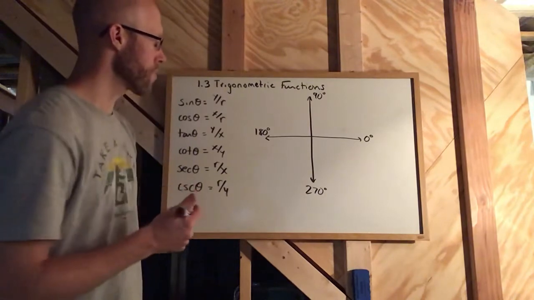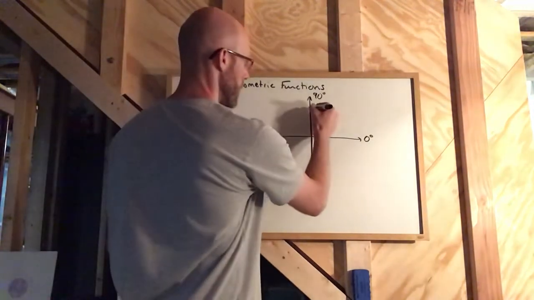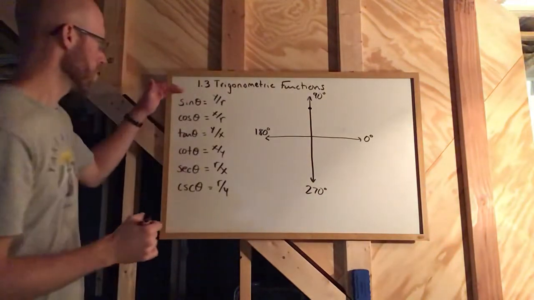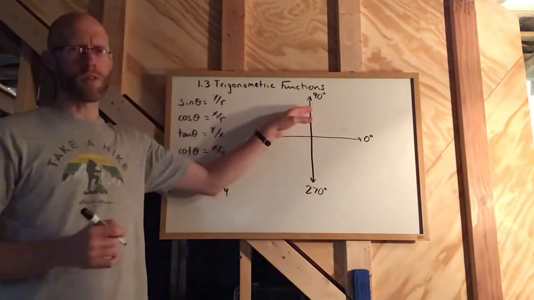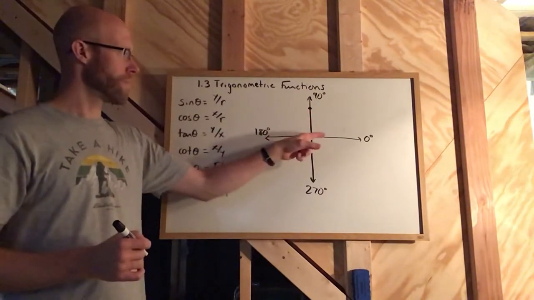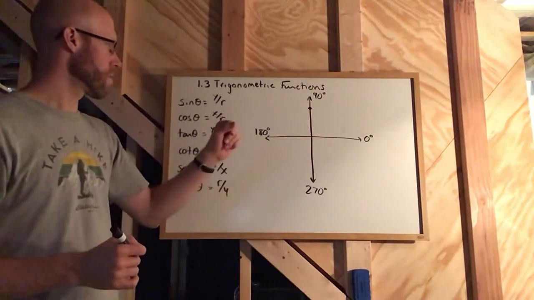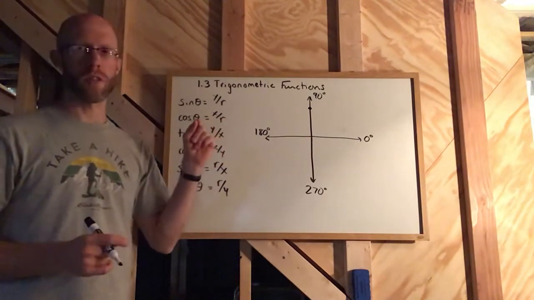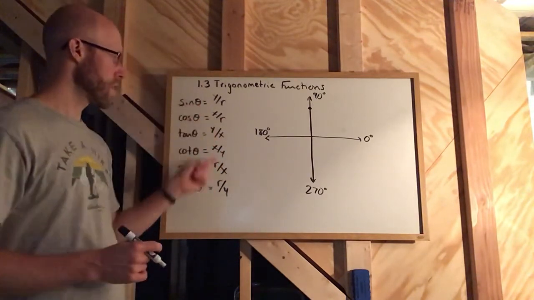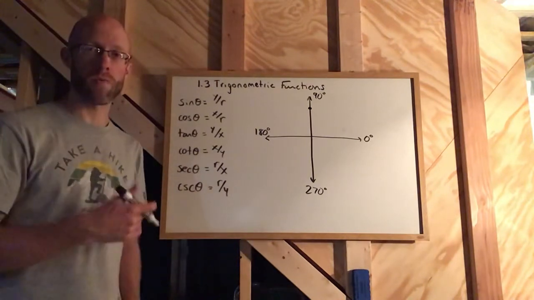So for instance, if I wanted to find all of the trig functions for a 90-degree angle, well, a 90-degree angle has a very specific value for one of these three letters, right? We got x, y, and r.